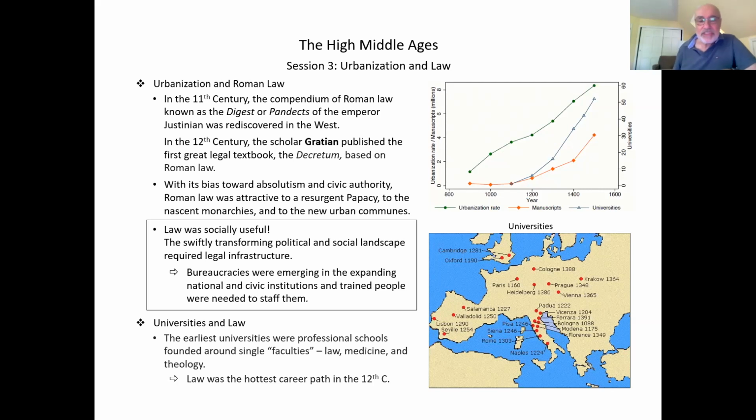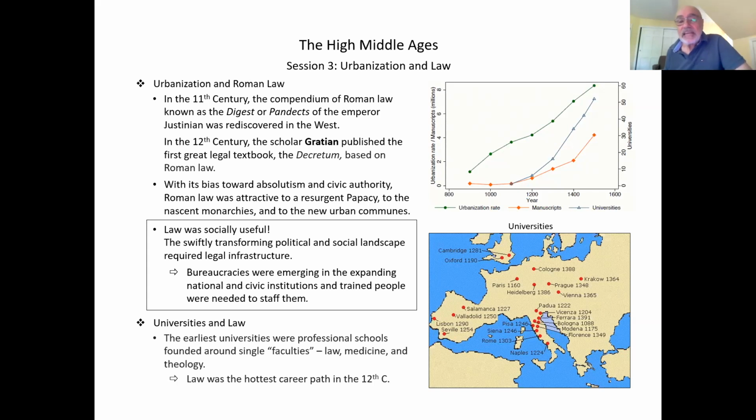To make it onto the staff of a local prince, to make it into the bureaucratic infrastructure of one of the communes, to be a hanger-on in one of the new courts, whether the court was in Salamanca in Spain, or in London, or in Cologne or Paris or Pisa or Padova.